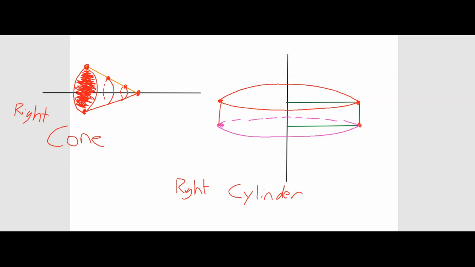If you're just throwing around the term to identify, are we talking about this versus that, during class or on a piece of paper, you can get away with saying, okay, I'm going to look at the cylinder here, or I'm going to look at the prism here, right? If there's an oblique cylinder and a right cylinder on your paper, well, then it would make sense to say, let's look at the right cylinder.